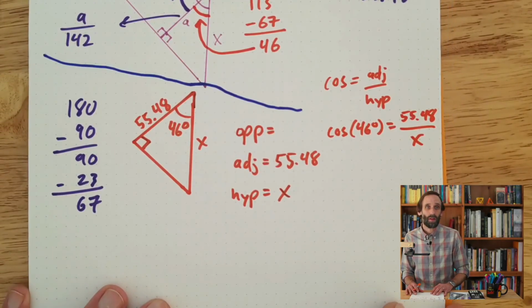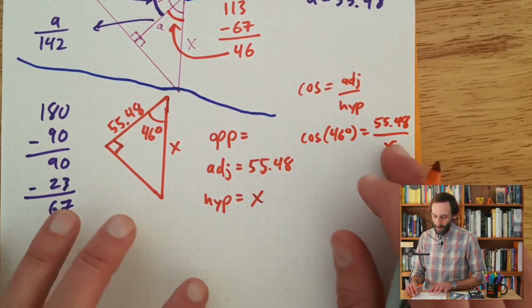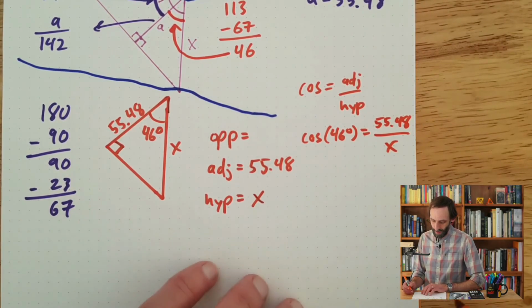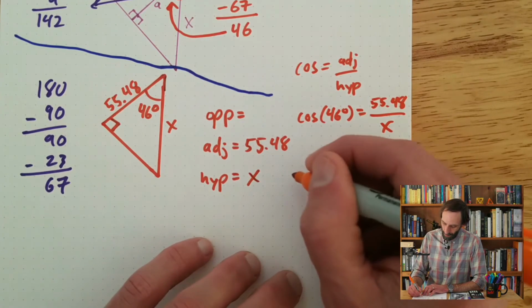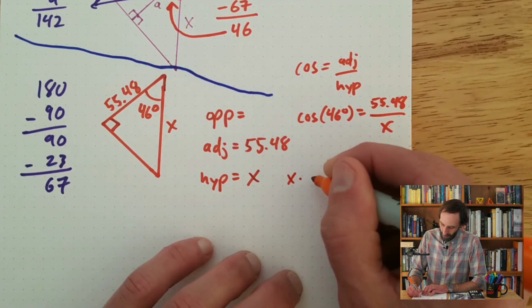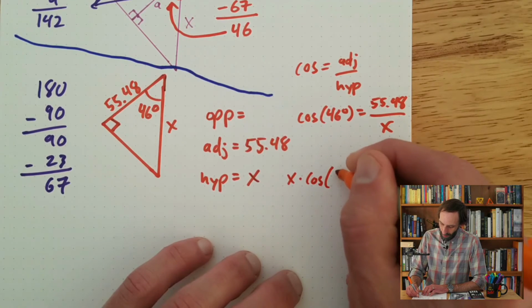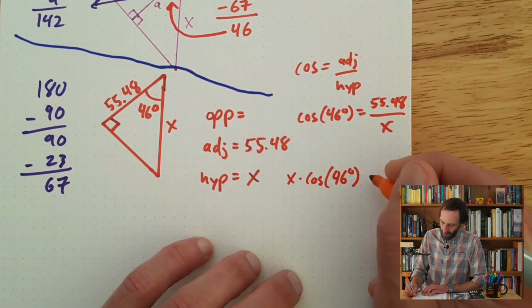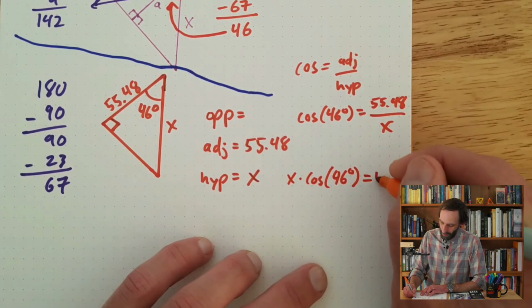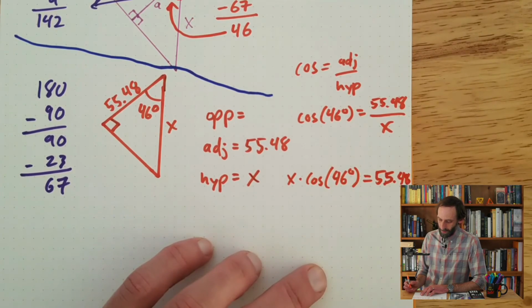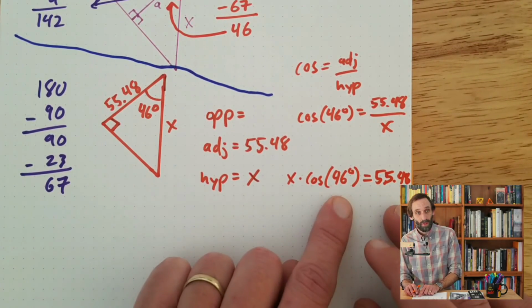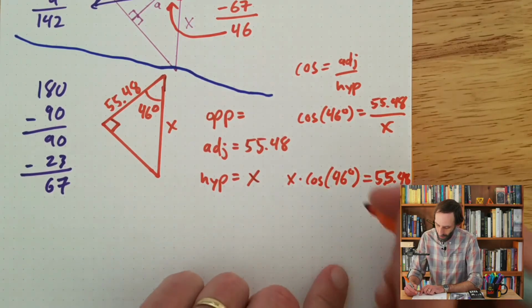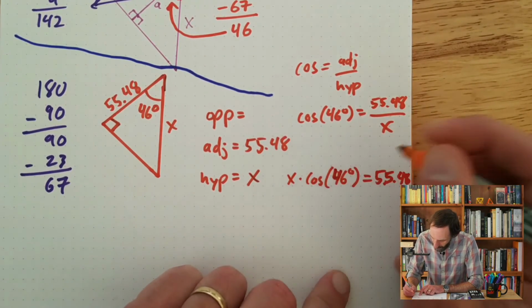Now, in order to find the value of x, I will need to multiply both sides by x. And I'm running out of space here, so let me move this down a little bit. So I have x times the cosine of 46 degrees is equal to 55.48. Now, in order to solve for x, I divide both sides by the cosine of 46 degrees. That is a 4, even though it looks kind of like a 9 here.